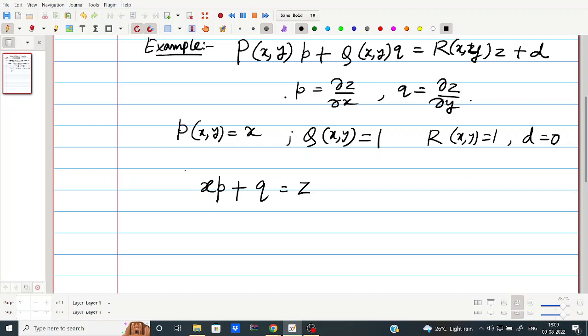By the method of characteristics, dx dt is equal to what? Can anyone tell what dx dt is?